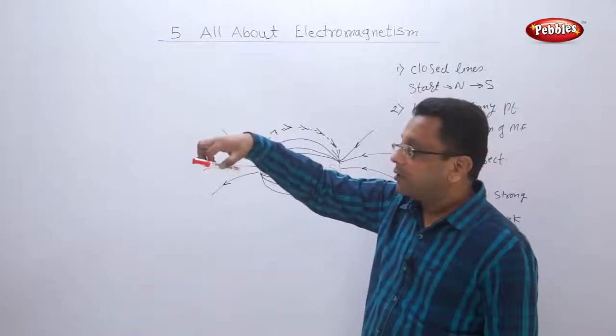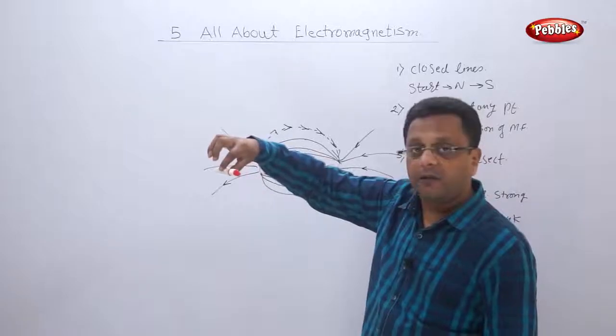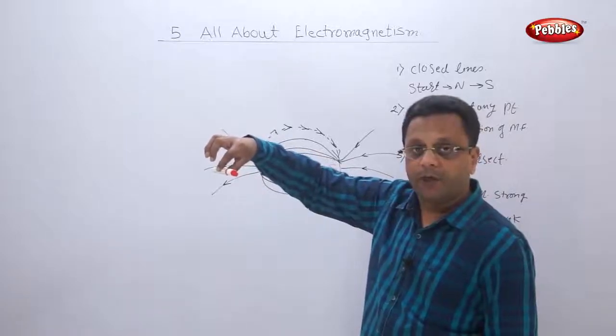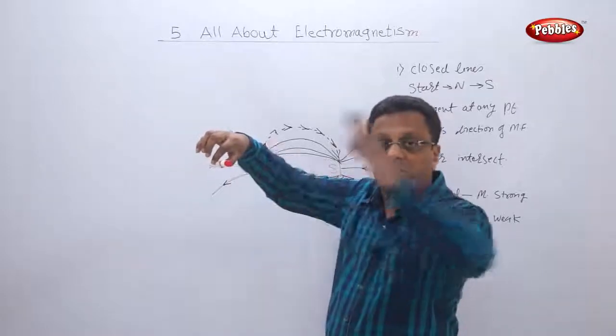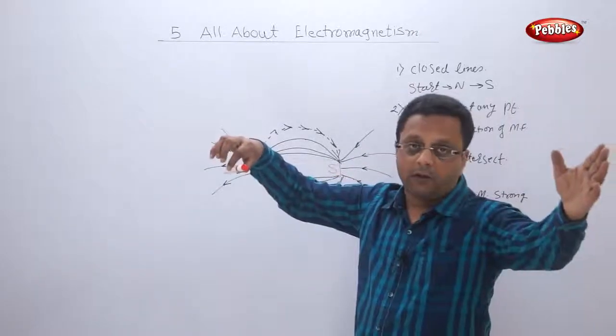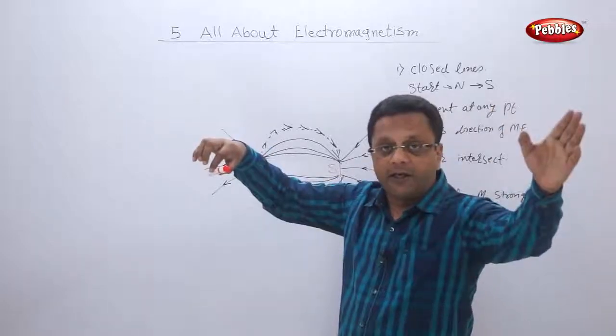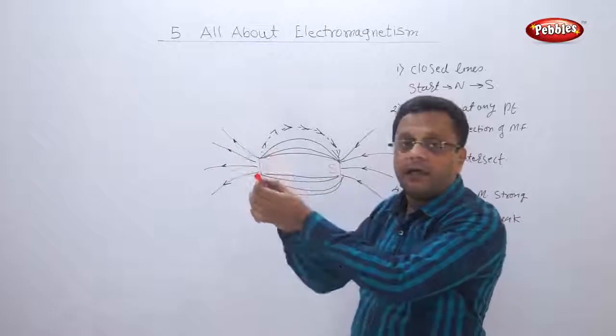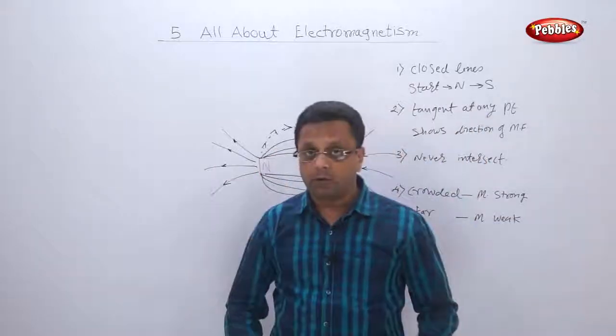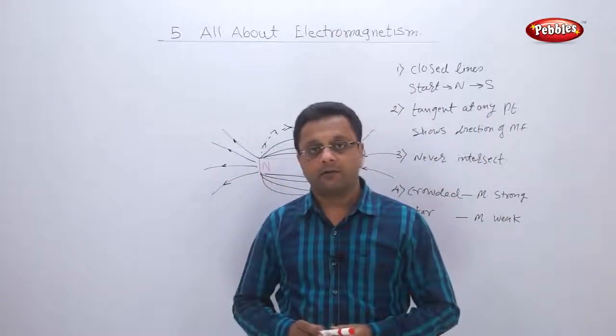It will rotate and stand still at a particular direction. The end which is towards the north of the earth, or towards the north direction, is called the north pole of this magnet, and the other end will be called the south pole of this magnet.